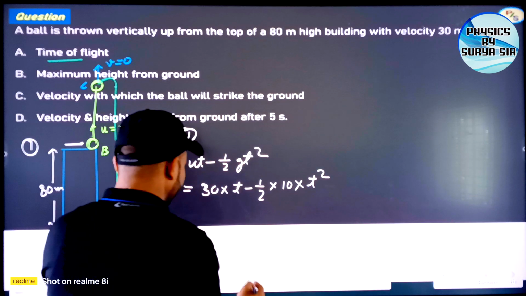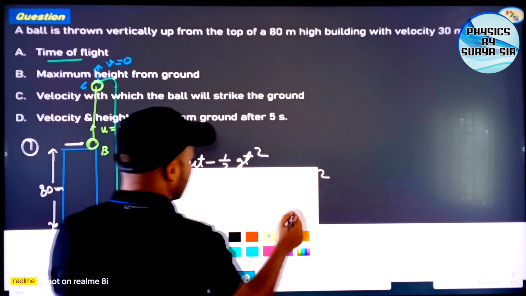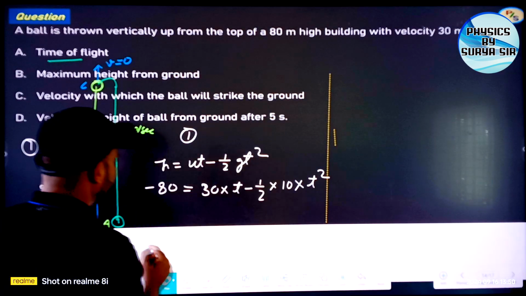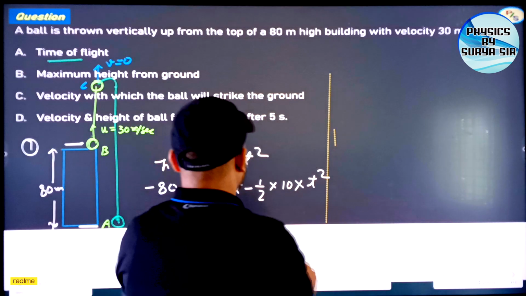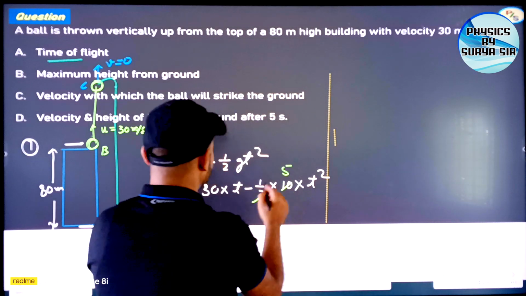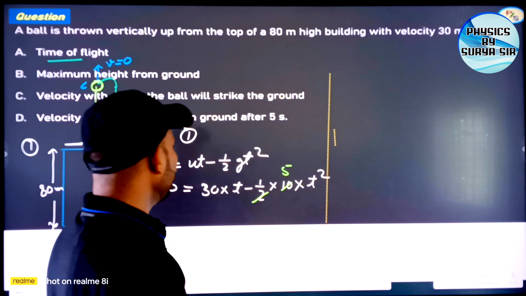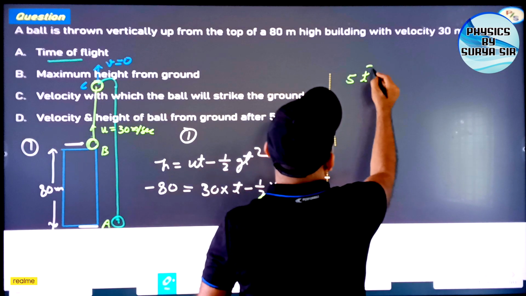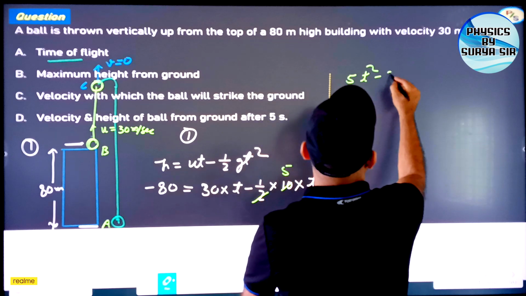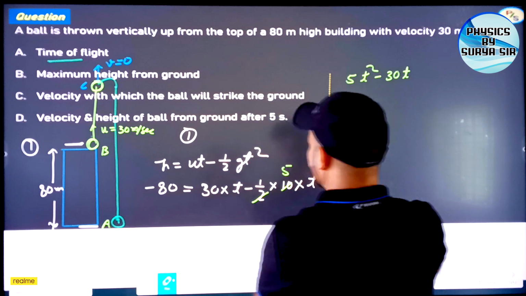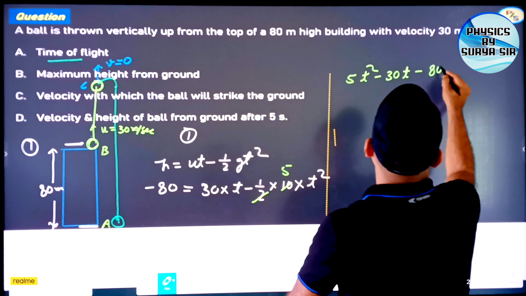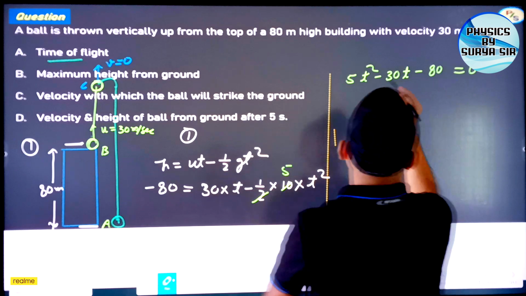Okay, we can solve it and get the value of t. This is 5, now 5t square minus 30t and minus 80 is equal to 0.